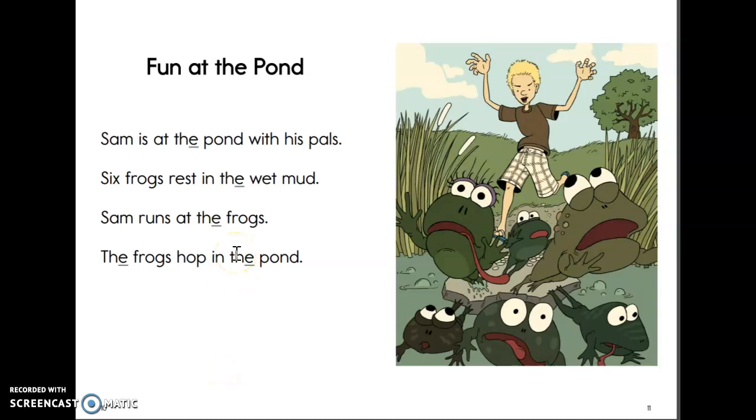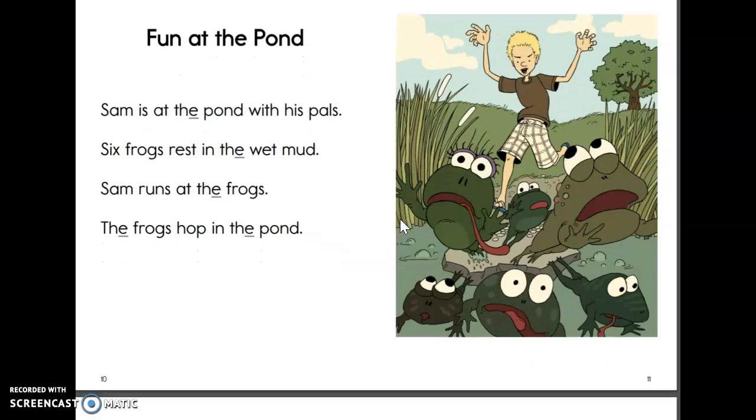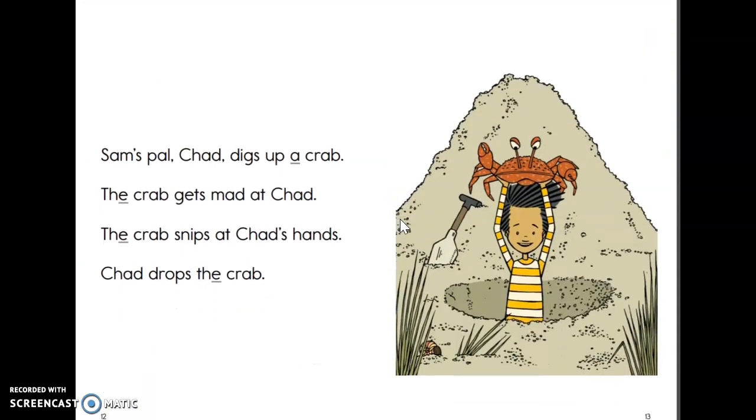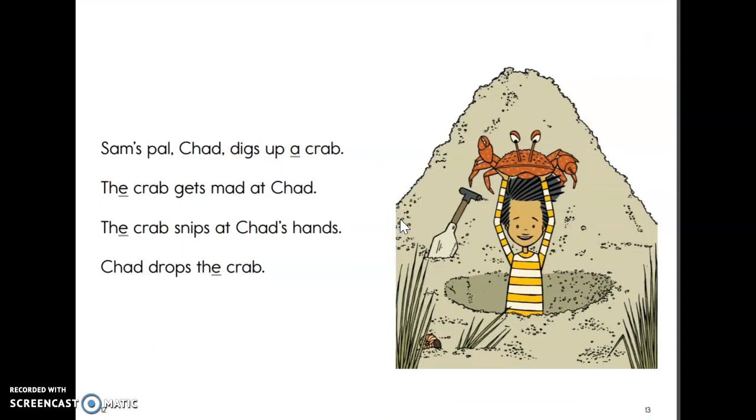So you're reading this page all on your own. If you need more time on this page, press the pause button to finish reading. All right, let's read the next page.